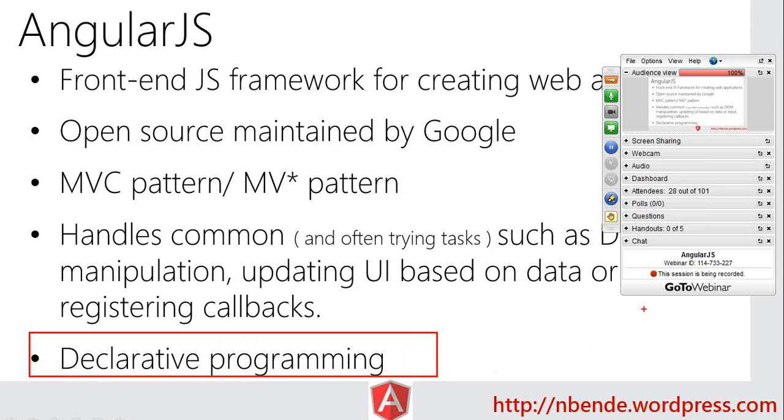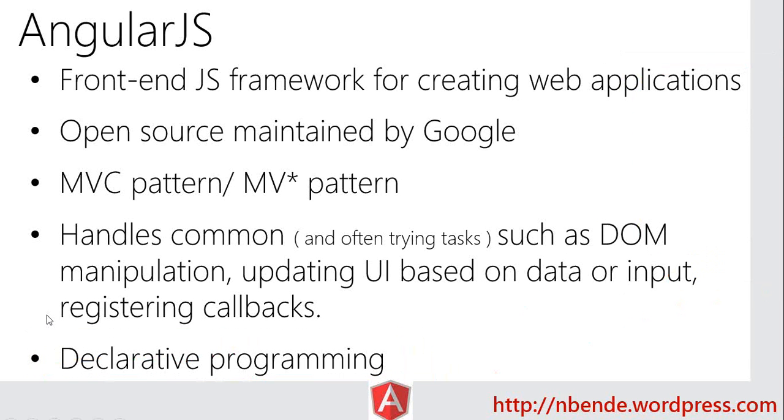Declarative programming is, rather than digging deeper into how to do it, you just tell Angular, please do it for me. We always like that, right? Everybody likes that. Especially .NET people like things to happen from the .NET side, the Visual Studio side, and all that, right? I always talk about this. So what is declarative programming?